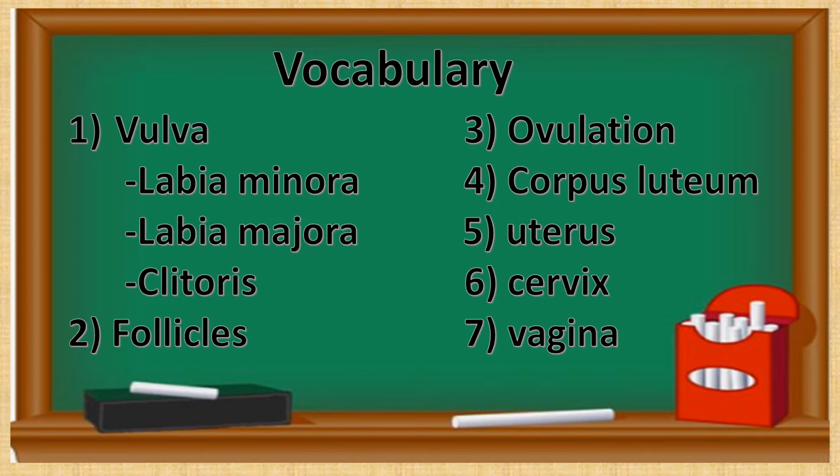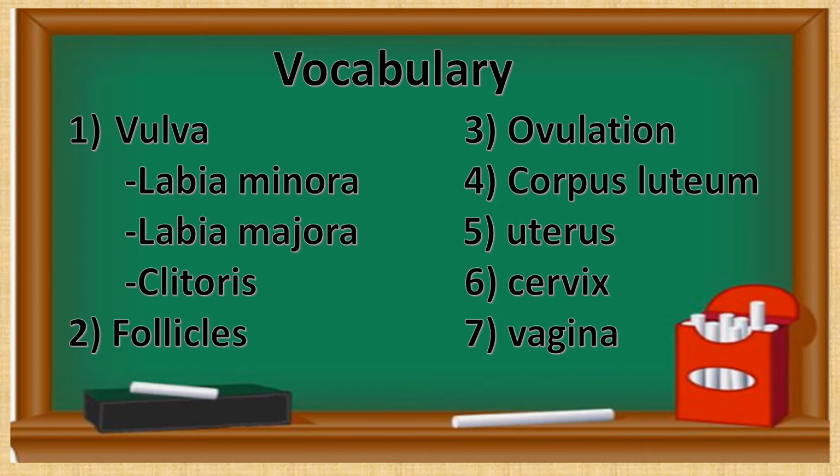Ovulation. Ovulation is spelled as O-V-U-L-A-T-I-O-N, ovulation. Next is your corpus luteum. So corpus luteum is spelled as corpus, C-O-R-P-U-S, corpus, luteum, L-U-T-E-U-M, luteum. So corpus luteum.